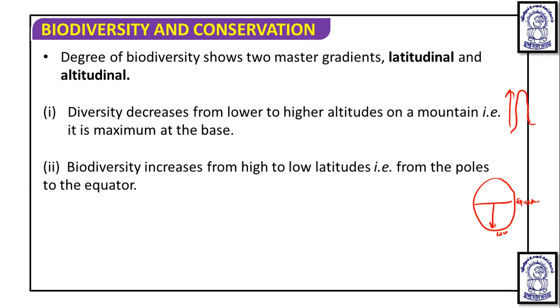In other words, biodiversity is minimum in the Arctic regions, moderate in the temperate regions, and maximum in the tropical regions.